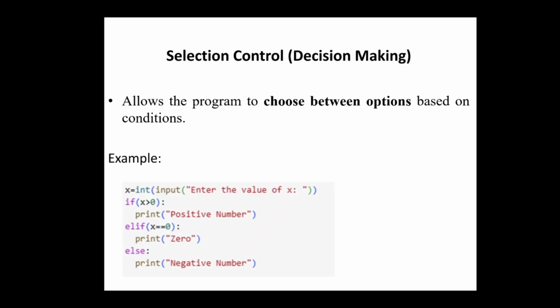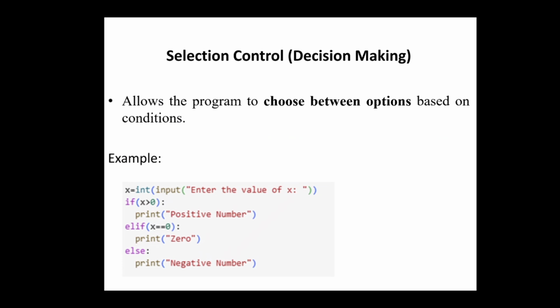Now, selection control or decision making allows the program to choose between options based on conditions. Take one example. x = int(input("Enter the value of x:")). Here we ask the user to enter the value of x.